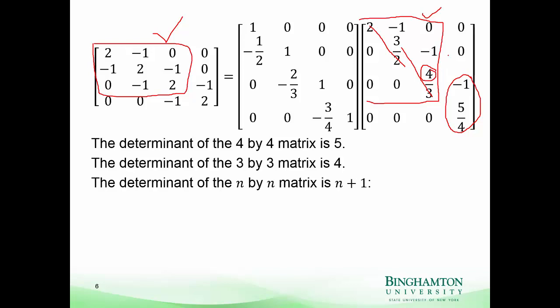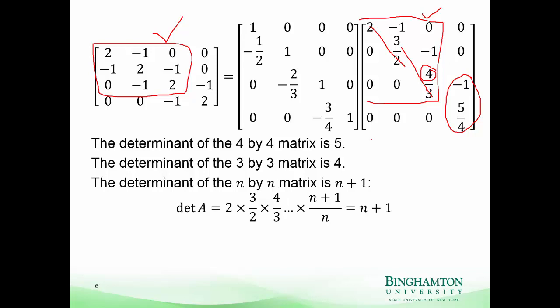And we can generalize this and say that if we have an n by n matrix of this form, not any matrix obviously, but of this form, 2's down the diagonal, minus 1's down the two closest off diagonals, the determinant of that matrix will be n plus 1.